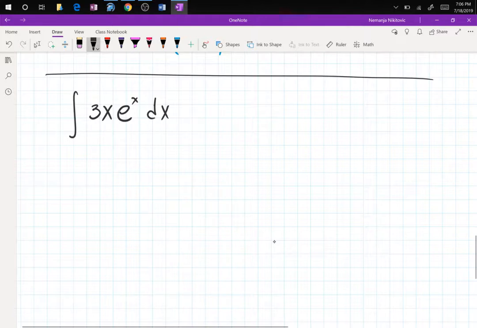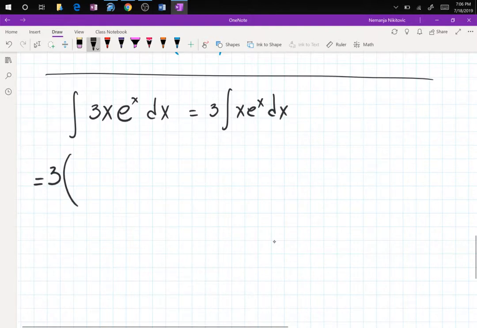Can't use u-sub because you would need x squared, if you want to have a function-derivative pair. Now what we are going to do is first kick 3 in front of the integral and not be concerned with that 3 at all. When I write my integration by parts, I will fit in the parenthesis everything multiplied by 3.